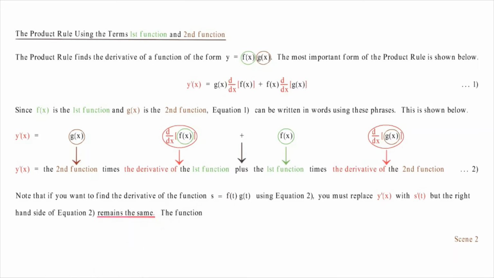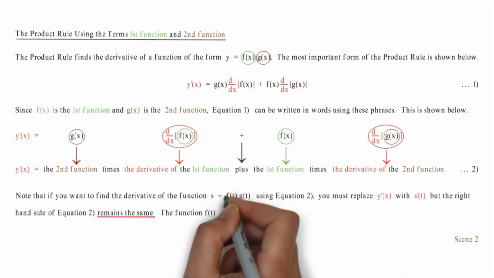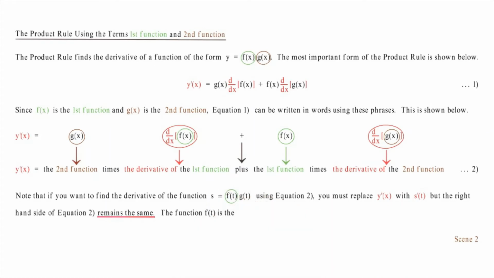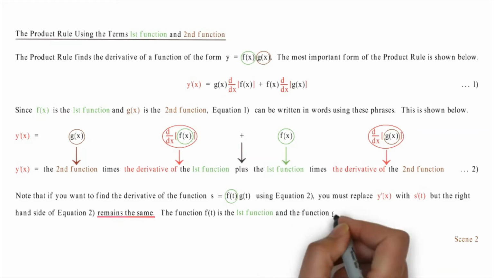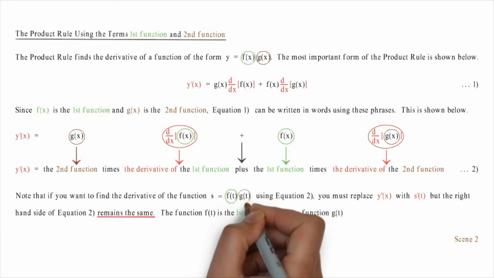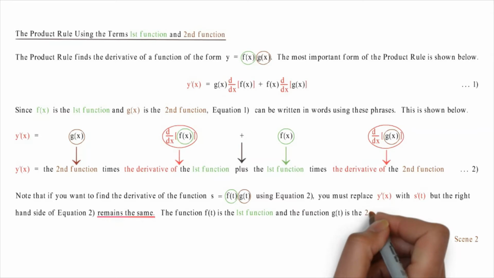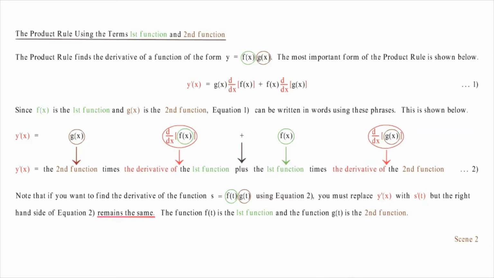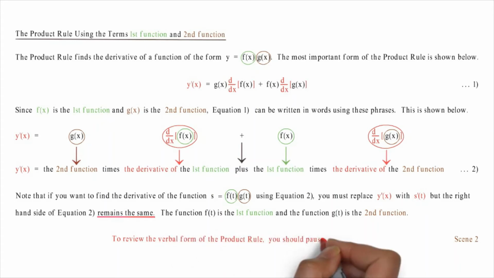The function f of t is the first function, and the function g of t is the second function. To review the verbal form of the product rule, you should pause this video now.